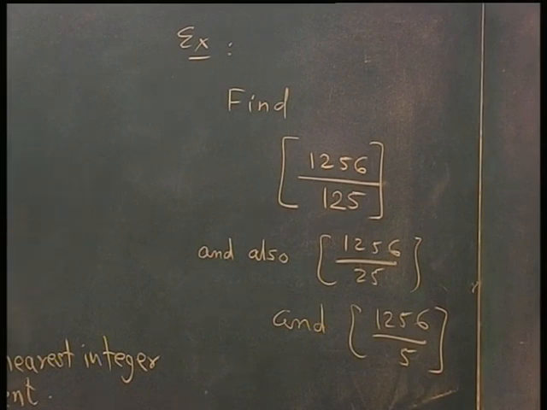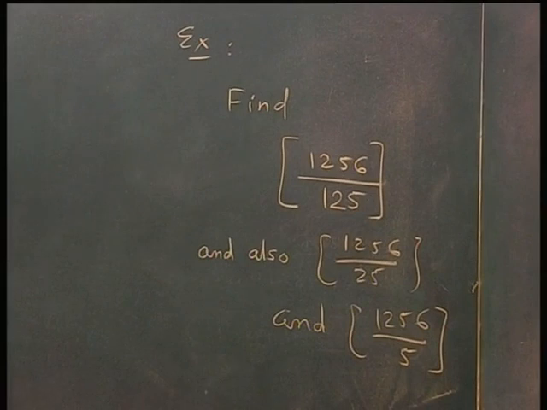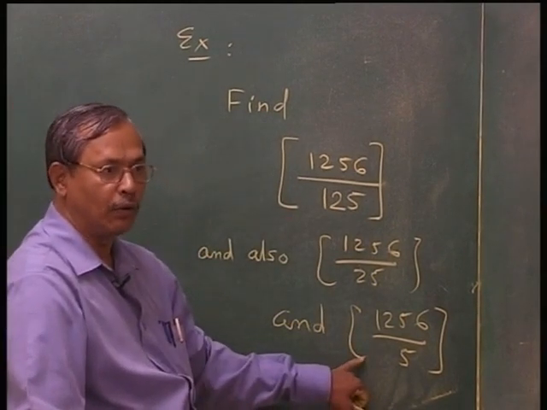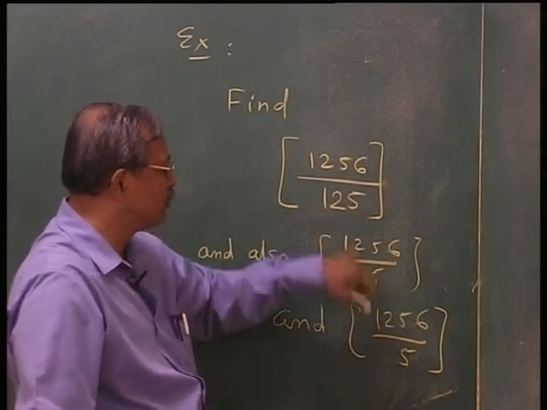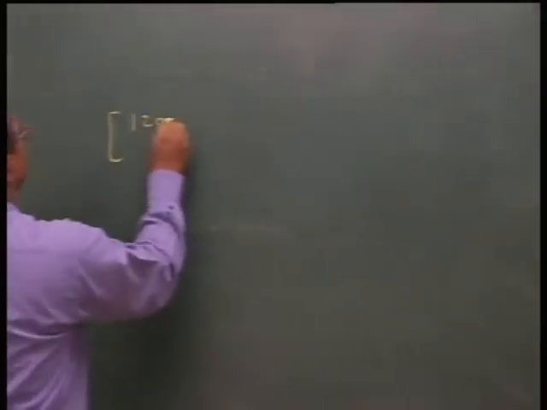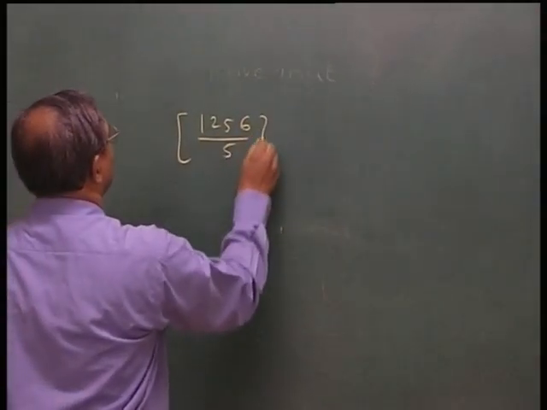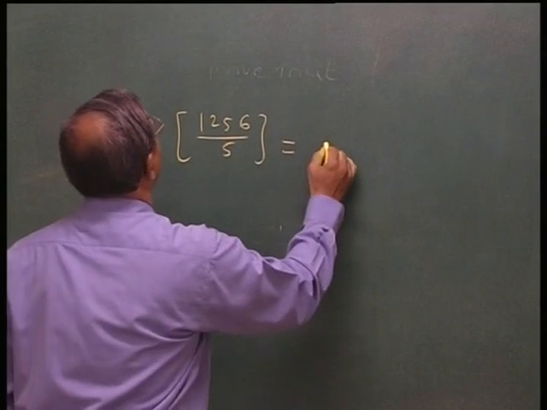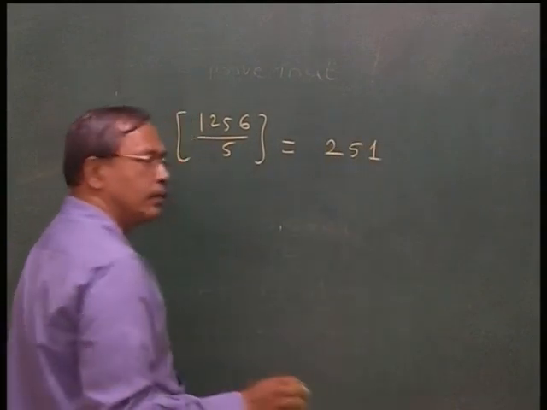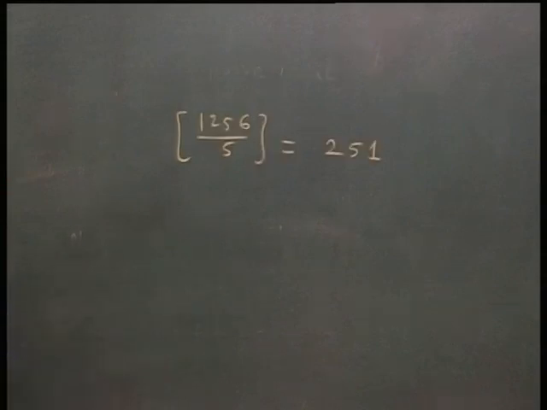Now see how you can find out these things somewhat easily from this. This anyway I want to find out. You will see how this is useful in later problems. So what is 1256 by 5? This is 251.